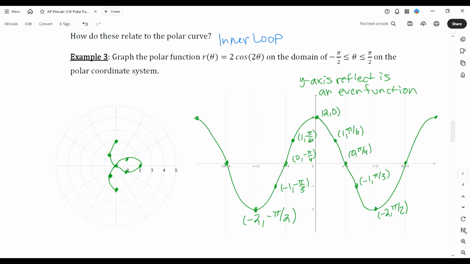So we started up here, we looped through the origin, we looped out to 2, we started coming back through the origin, back down. That's what the rest of the picture would look like if we graphed more points.